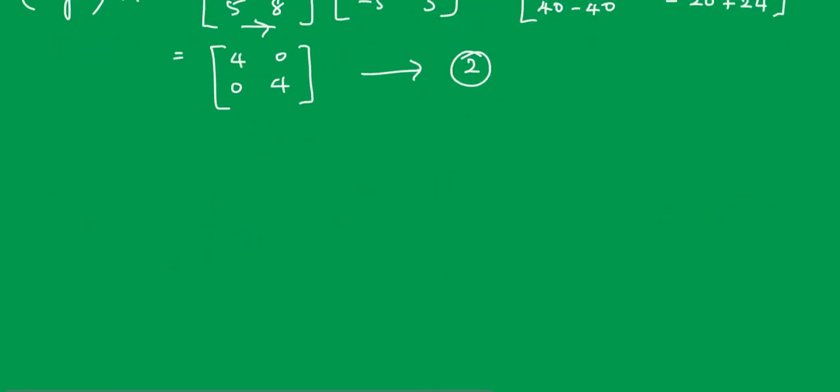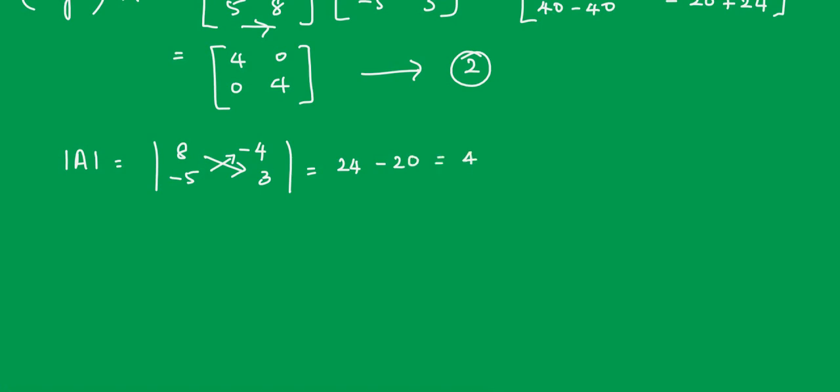Next, we are going to find what is determinant of A. That is determinant of [8, minus 4; minus 5, 3], which is equal to 24 minus of minus 5 into minus 4, so 24 minus 20 is equal to 4.